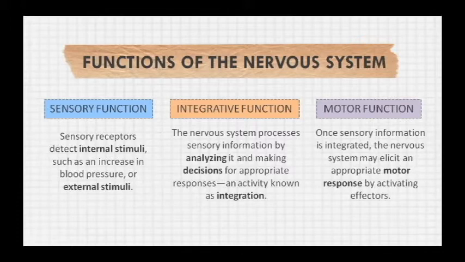The second one is the integrative function. This integrative function is achieved by the nervous system, which processes sensory information by analyzing it and making decisions for appropriate responses, which is an activity known as integration.